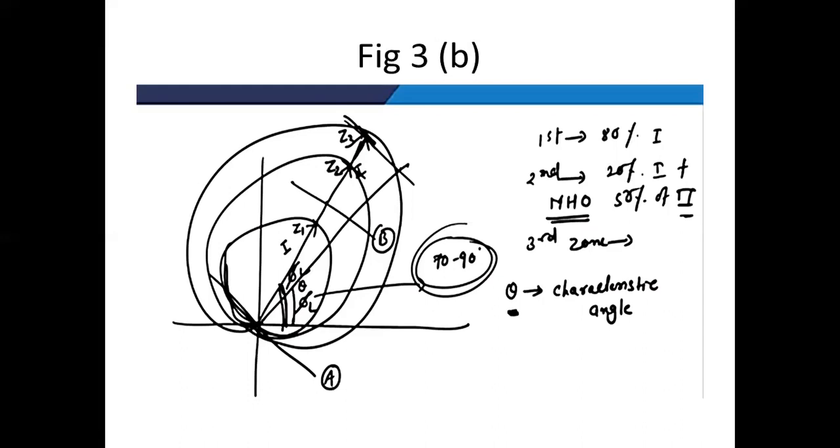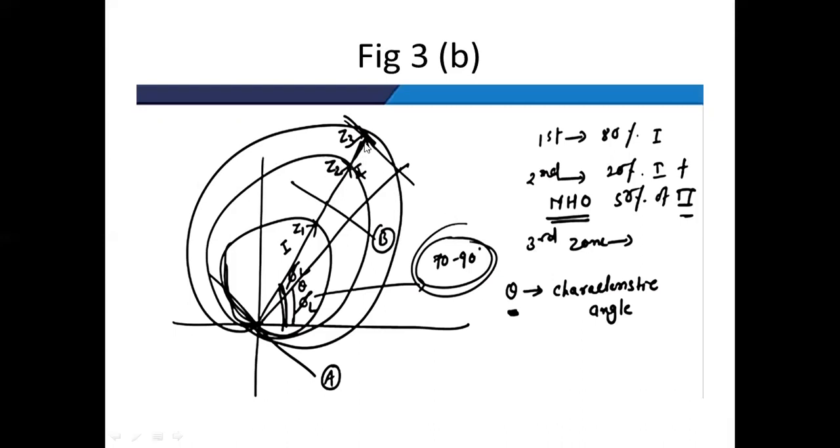This will cover this much region. So you have Z1 and Z2. This is the Z1 region which covers the 80%, and this is the Z2 region which covers the 50% of this line.